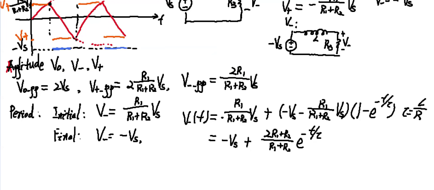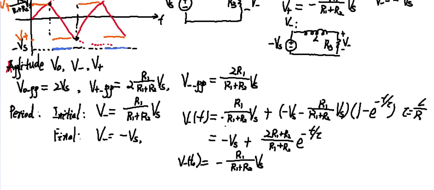We know this half period ends when V minus of t0, let's call this t0, is equal to minus R1 divided by R1 plus R2 times Vs, because that's where the minus input voltage and positive input voltage cross each other.